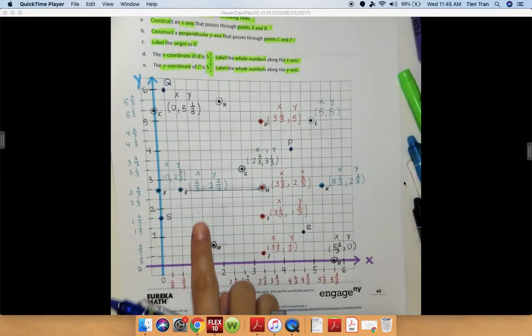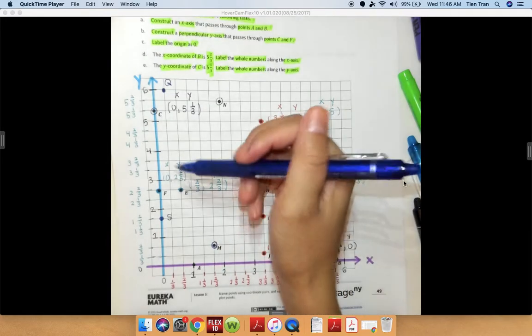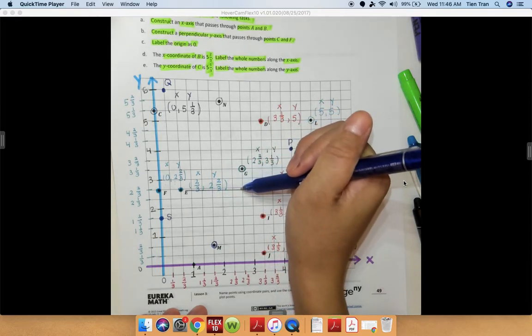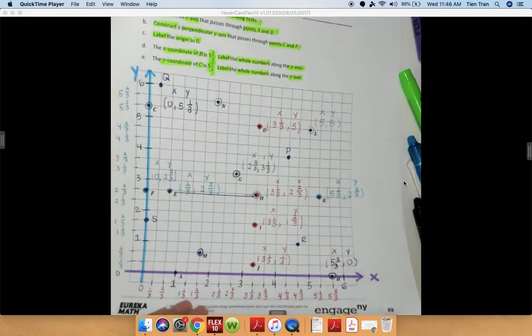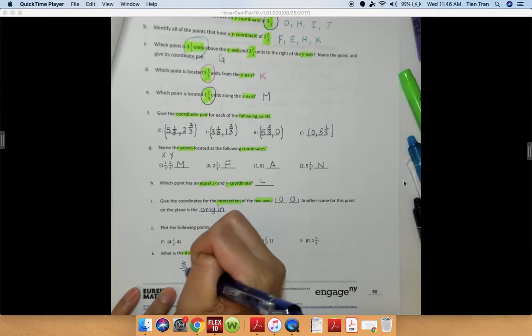Kind of put a little under so it wouldn't cross out. But that's the line I'm looking at. They want me to measure how much that is equal to. So I have 1/3, 2/3, 3/3, 4/3, 5/3, 6/3, 7/3, 8/3. So I have 8/3. So I'm going to write that down, 8/3.